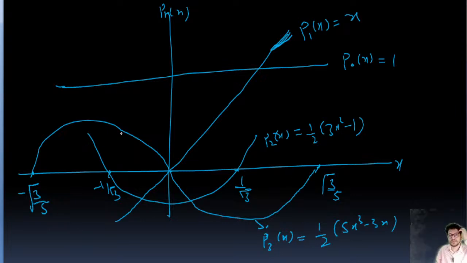Okay, these are the graphs we can draw on the x-axis and p-axis, right?